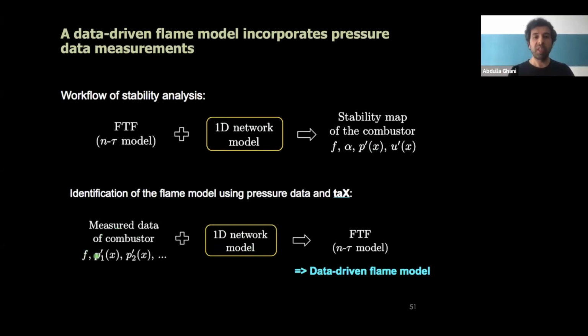You know the frequency and, depending on the number of your sensors, you know the pressure amplitude at these distinct locations. So then, as an inverse problem, perhaps we can find out what's the flame model that is fulfilling this kind of setting here.